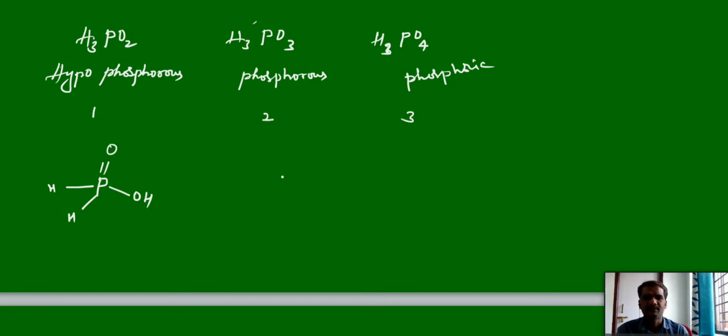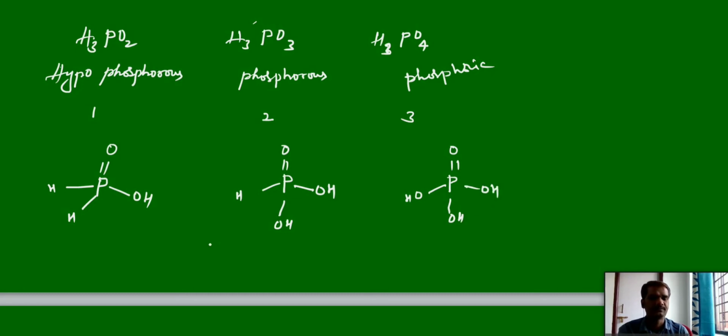Whereas the H3PO3 structure is like this, and out of 3 hydrogens again, 2 of the hydrogens are directly attached to the oxygen and 1 hydrogen directly attached to the phosphorus. And whereas in case of H3PO4, the structure is like this, and here all 3 hydrogens are attached to the oxygen.